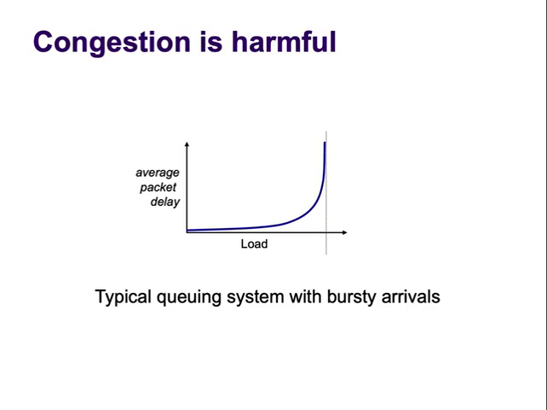Traffic coming in is bursty in nature, which we've said internet traffic is. If you plot the average packet delay on the y-axis as you increase the load on that queue on the x-axis, and the vertical dotted line is the capacity of the link, what you get is delay that looks like what this graph is showing, where it's really rising up.